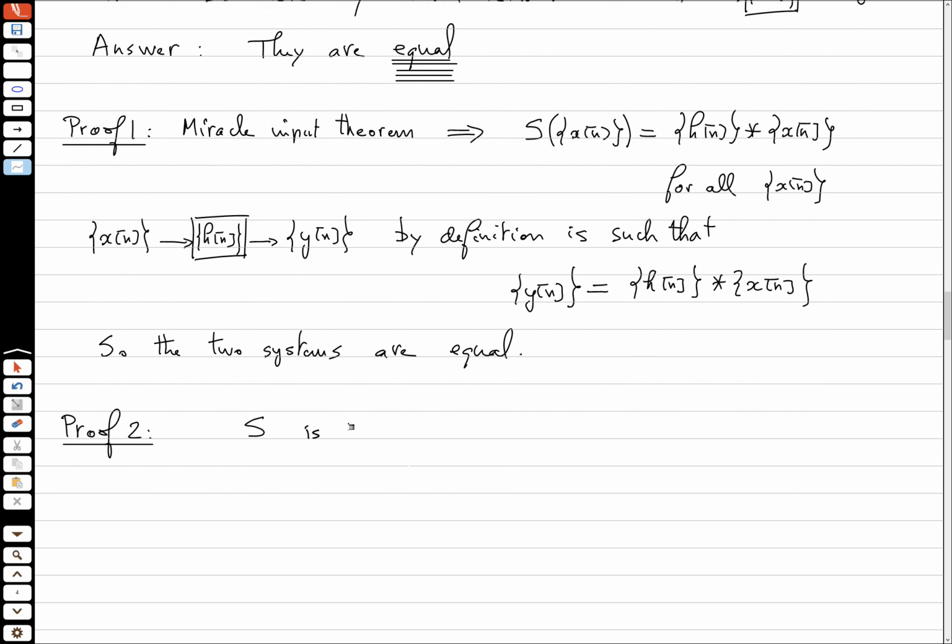S is LTI. Why? Because we are told so. Because of assumption. Right?